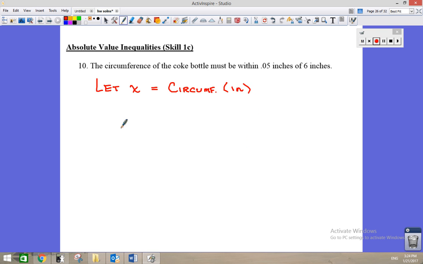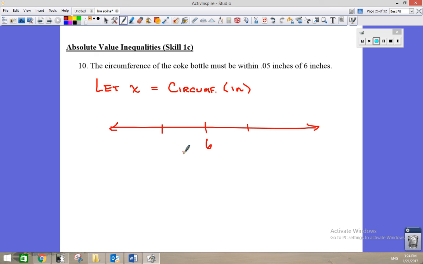Okay, so ideally we want 6 inches, but we know that we can't afford a bottle maker that will be NASA accurate, exactly 6 inches, because that might be too much money to spend on that type of equipment.